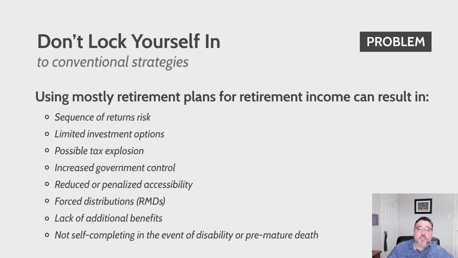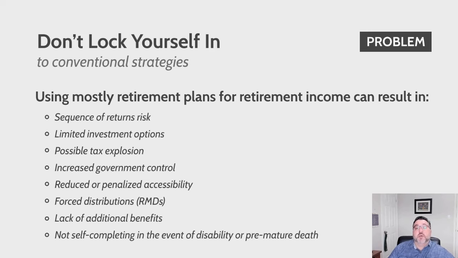So don't lock yourself into conventional strategies. Again, we've highlighted that if you use mostly retirement plans for retirement income, such as your RSP and/or your tax-free savings account, and you're fully invested in mutual funds, ETFs, basically the public markets, the retirement income can result in the following concerns.